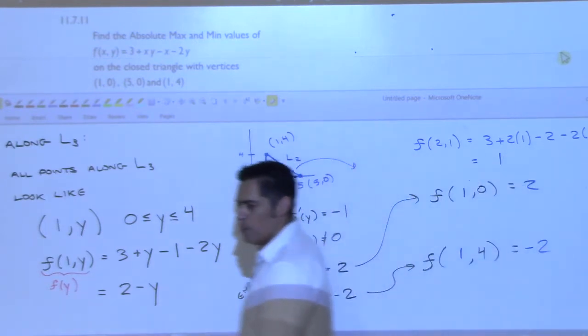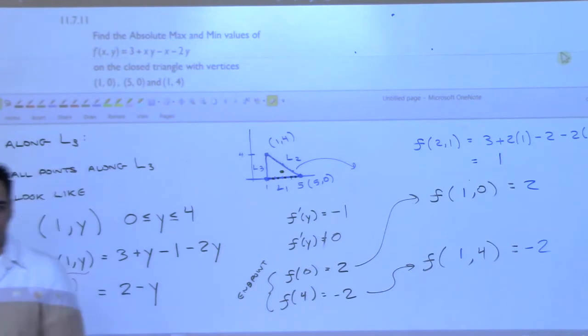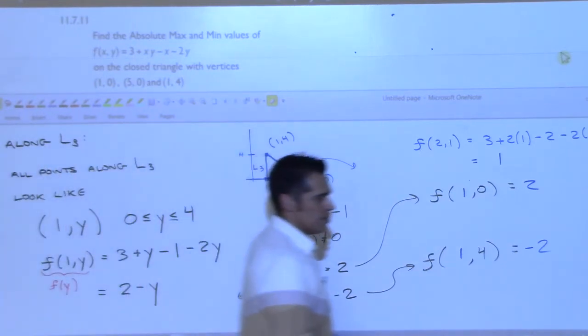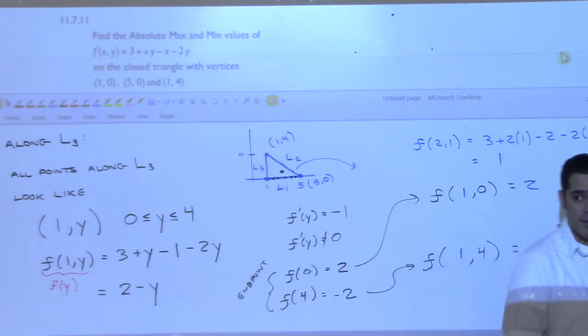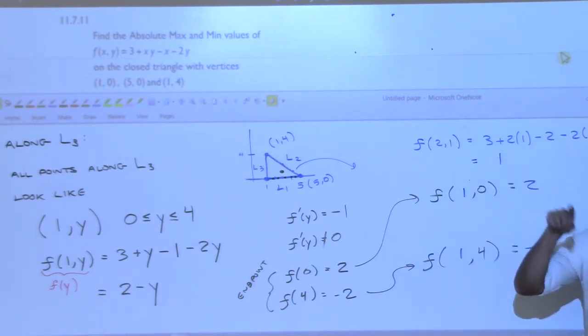So, what is the absolute maximum value of this function restricted to that triangle? 2. What's the absolute minimum value of this function restricted to that triangle? -2. Now, it happens at different points, right? We got 2 at a couple of different places, and we had -2 at a couple of different places.